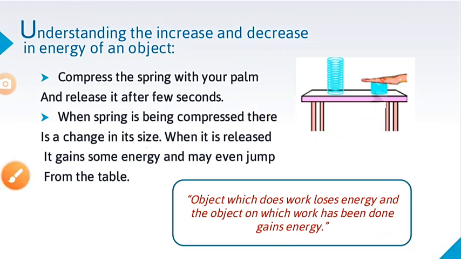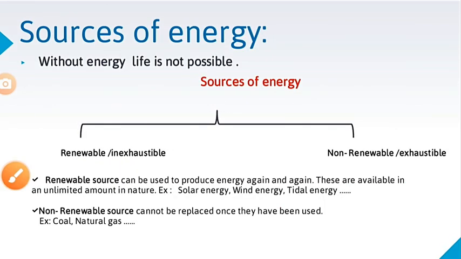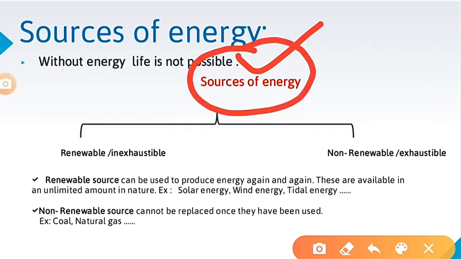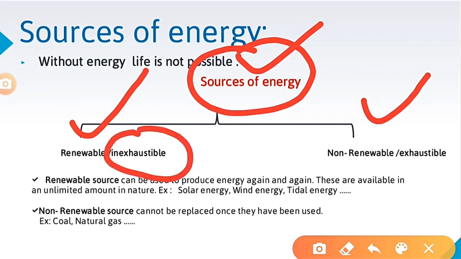Understood? Okay, let's see the sources of energy. Without energy, we know that life is not possible, right? Now here, all these sources of energy have been categorized into two types. One is renewable energy, or inexhaustible. Another one is non-renewable energy, also called exhaustible. Inexhaustible means which does not have an end.